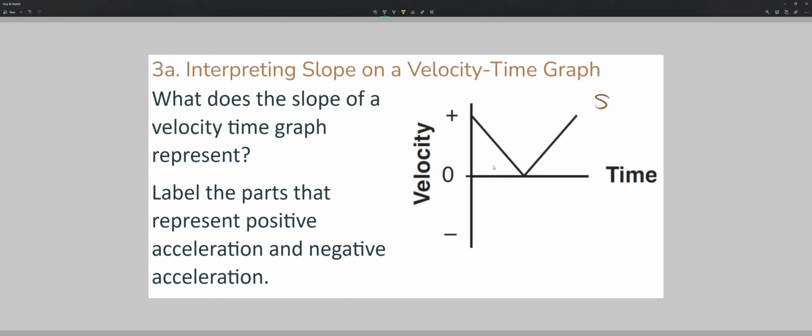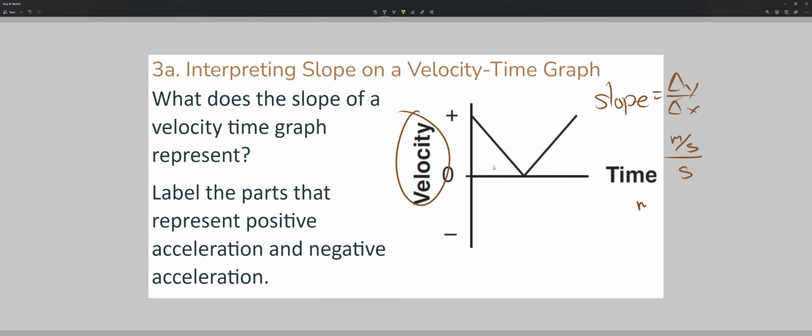Because if you think about it, your slope is delta y over delta x. Your delta y is velocity, measured in meters per second, and your x is time, and you're dividing over x.